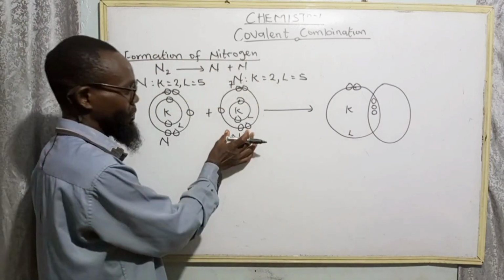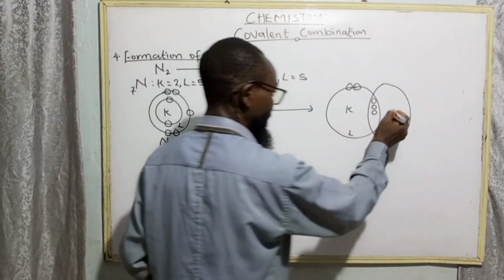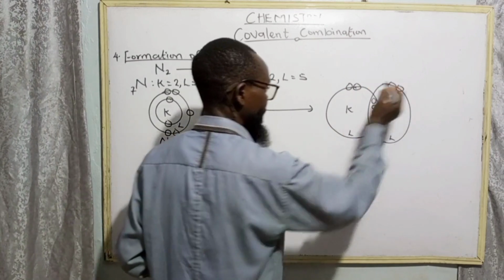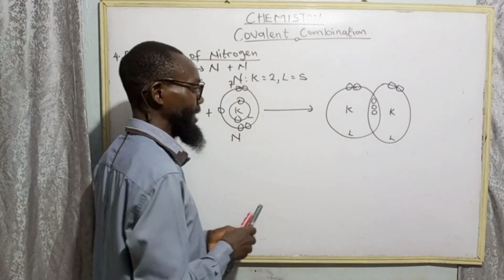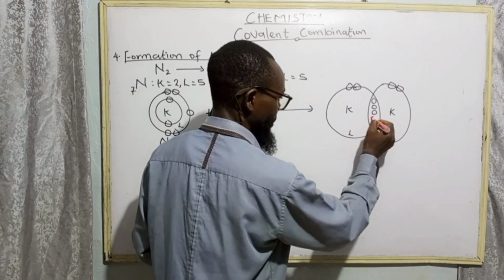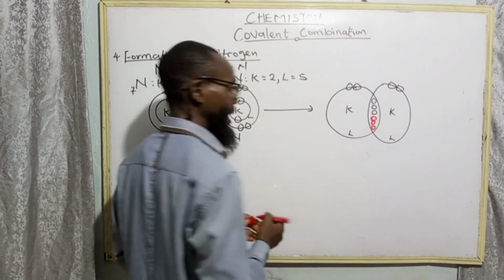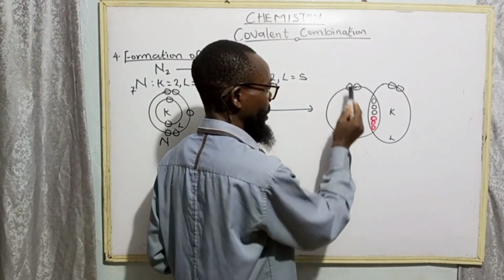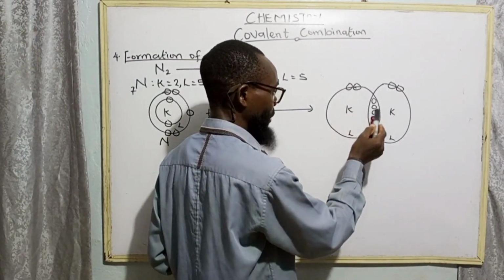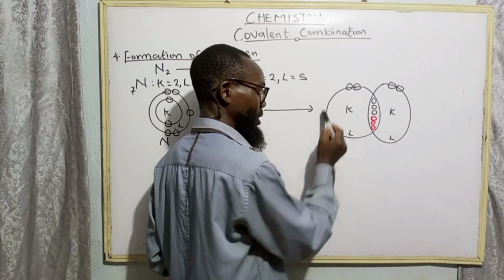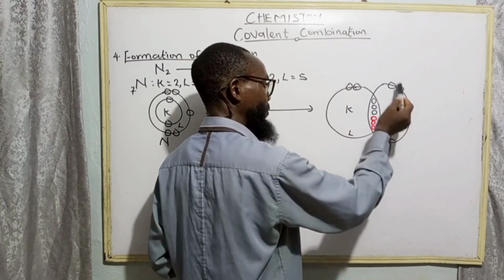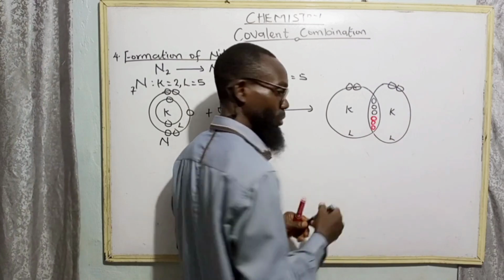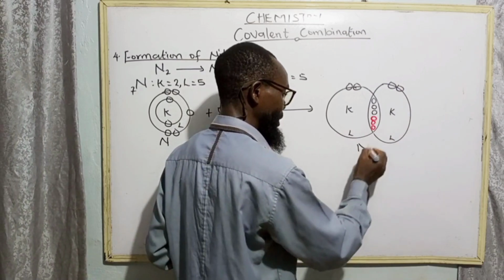Now for the second one, we have the K shell and L shell, taking 2 electrons here. So I'm going to have 3 electrons that remain in the outermost shell. So when you count the number of electrons in each, for the first one, I have 1, 2, 3, 4, 5, 6, 7, 8. For this circle as well, I have 1, 2, 3, 4, 5, 6, 7, 8. So this is the nitrogen molecule.